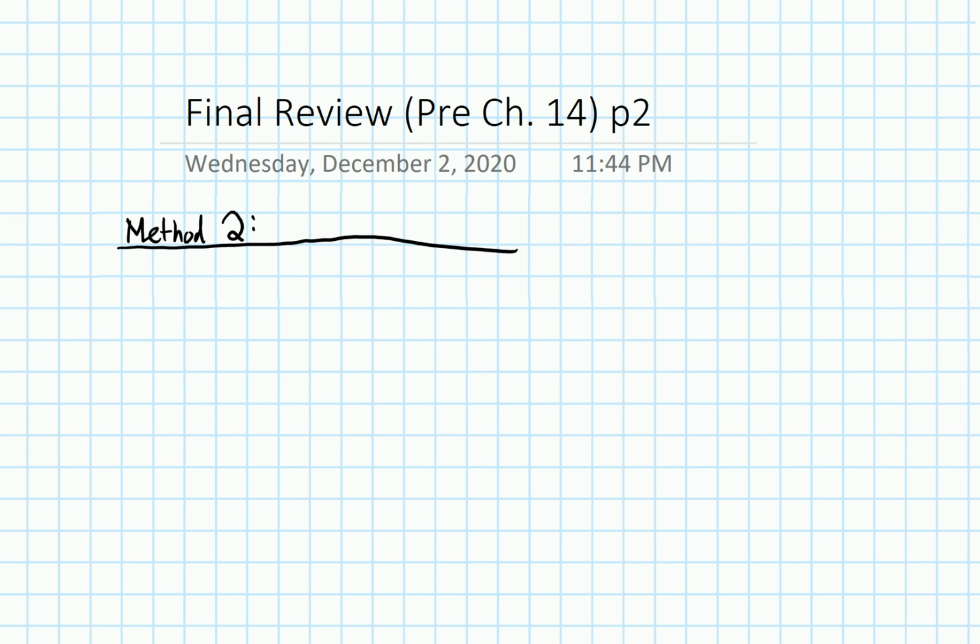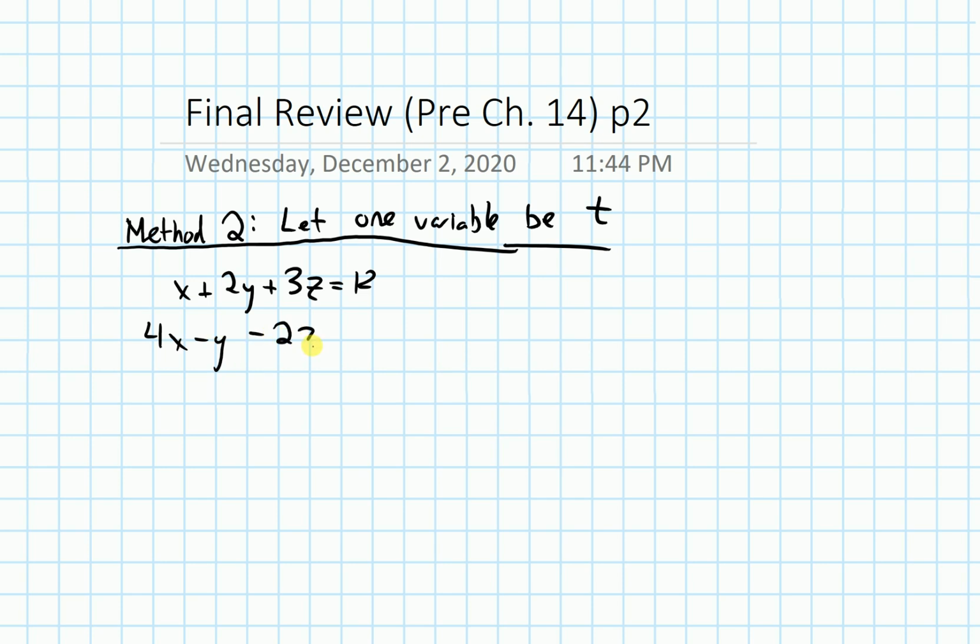Okay, so in method 2, what I'm going to do is let one variable be t, and then follow that to figure out what the other variables would be. So the equations, again, I'll copy them down: x plus 2y plus 3z equals 12, and 4x minus y minus 2z equals 8.